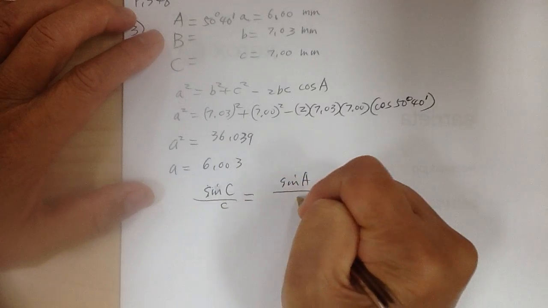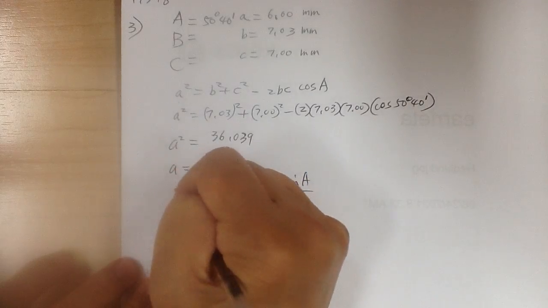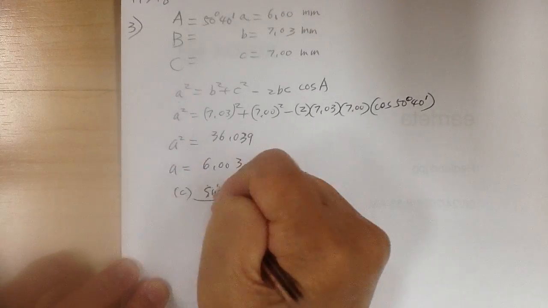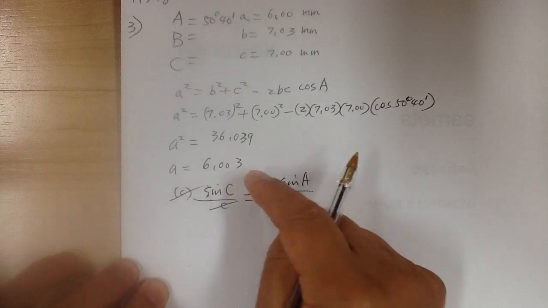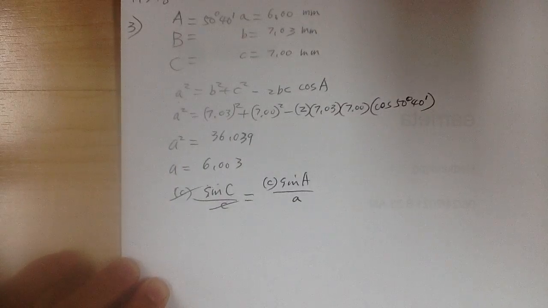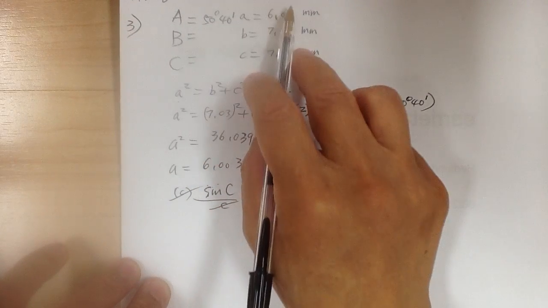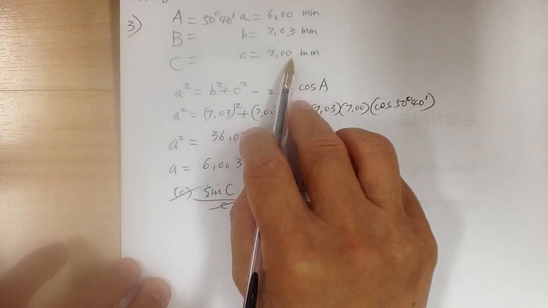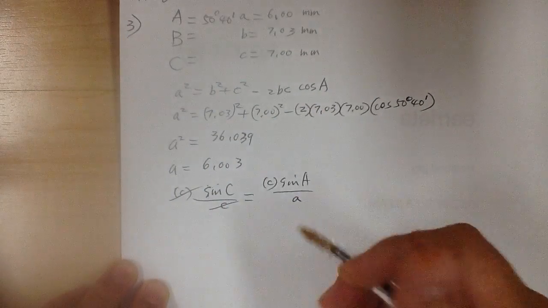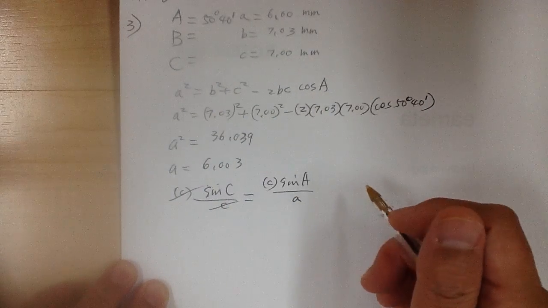You try to avoid finding the biggest angle, because you won't know if it's going to be one or two cases. If you get the middle one or the shorter side, then you know that angle has to be less than 90.